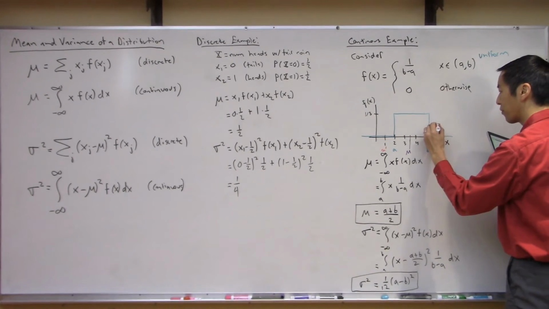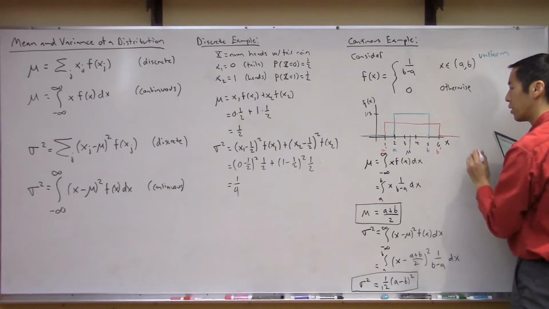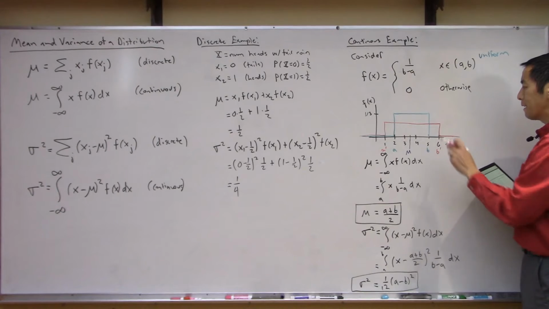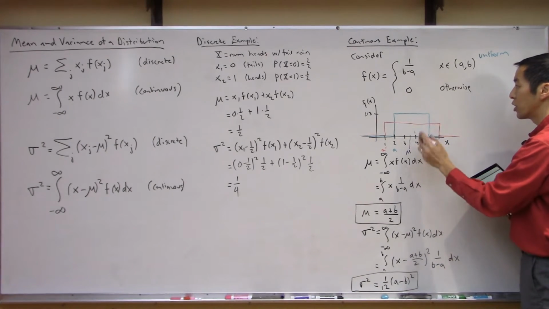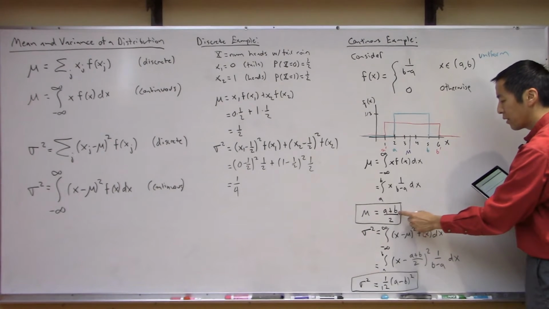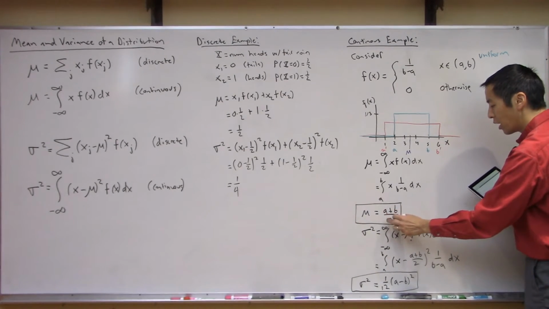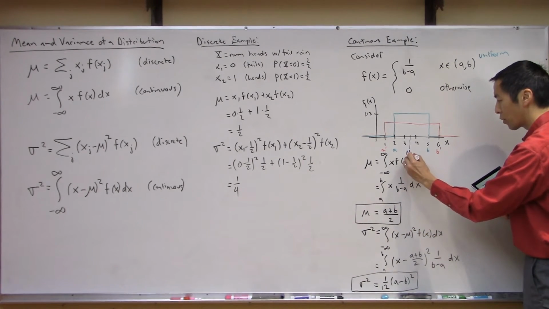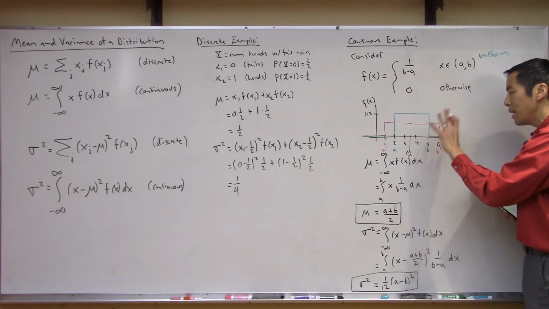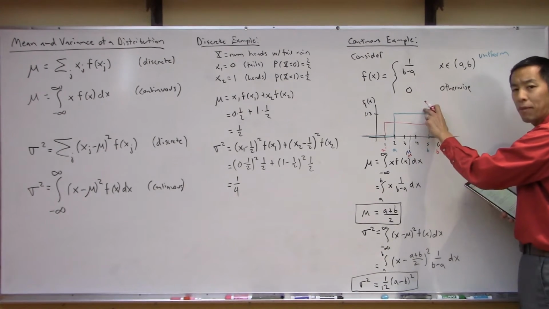It's got to be a little bit shorter now, right? Okay, so what's interesting is this red distribution, because I moved a down by a unit and b up by a unit, by the same amount, you divide by 2, you basically end up with the exact same mu, right? So mu didn't change. The mean or the expected value of this red distribution is the same as the blue distribution.